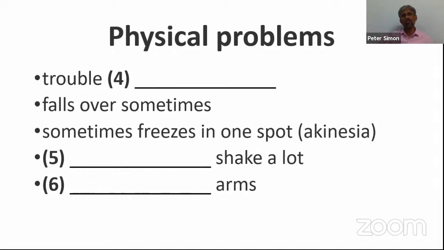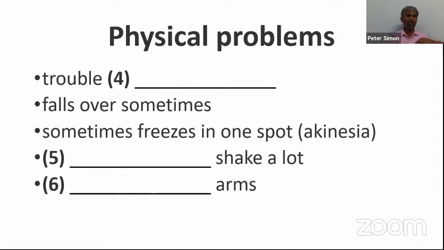Okay, falls over sometimes. He falls down, he falls over the floor sometimes. That means he's not able to manage his weight. So he has some trouble. That is what he's telling there. Sometimes freezes in one spot. He doesn't move.